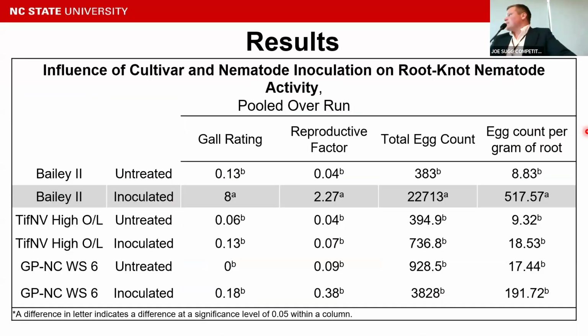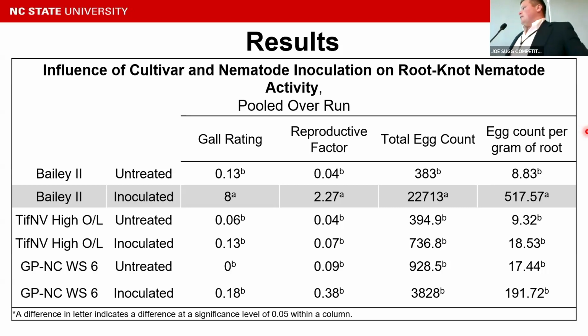So here I'll spend a little bit of time on this chart. This is showing our combination of treatment factors between our cultivar and nematode inoculation, and showing its effects on our peanut root knot nematode activity when we pooled over our two separate runs. We can see that our only significant difference, and it was consistent across all factors, was our Bailey 2 inoculated, which was significantly higher for all factors than any other combination of cultivar or nematode inoculation.